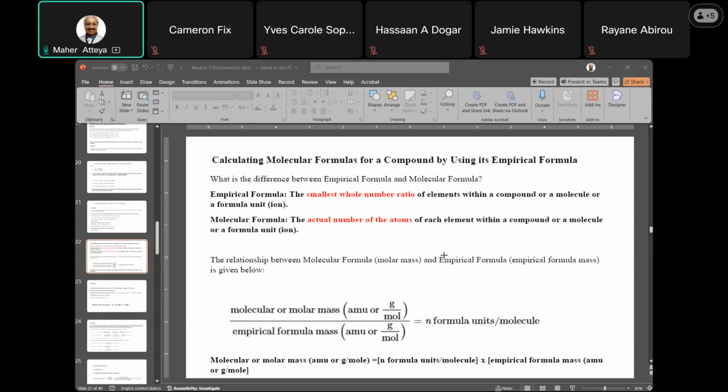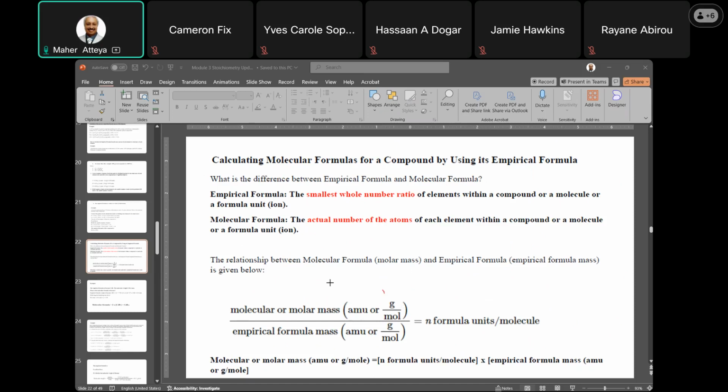And sometimes it's very hard to know, you have no percentage, but then you have the empirical formula, whatever that really is, like chloroform, CHCl3, correct? And then you know the molar mass.